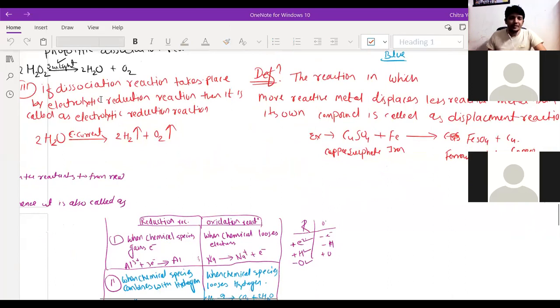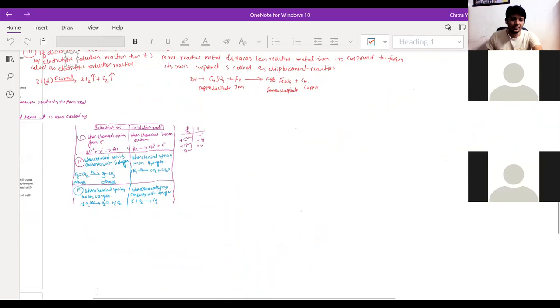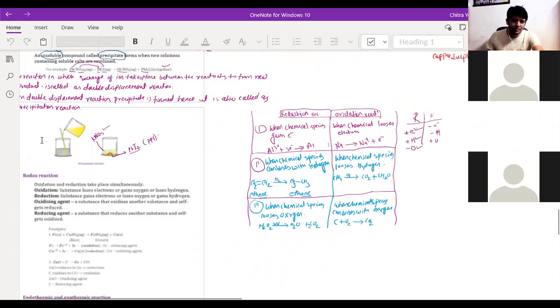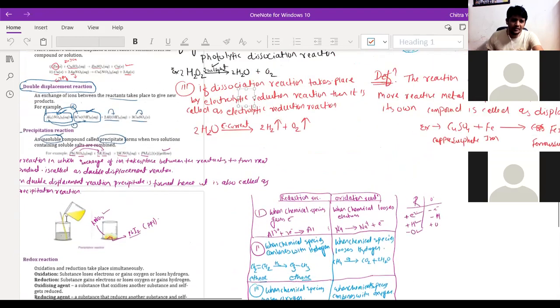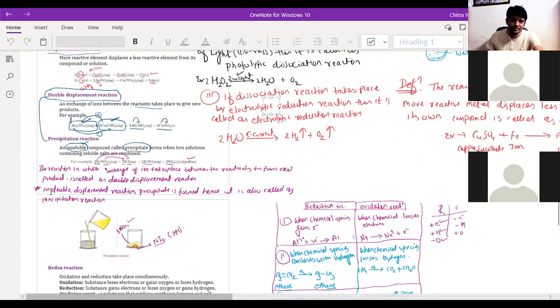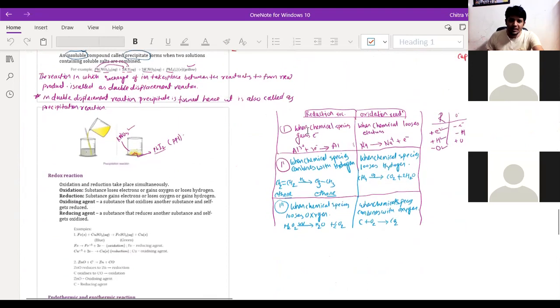So in the last lecture, what had we discussed? I think we had discussed the double displacement reaction, right? Yes, sir. And today we have to discuss the redox reaction, in which we will discuss oxidation and reduction.